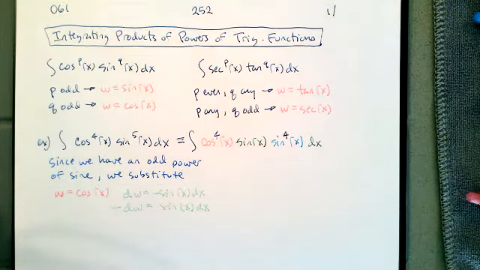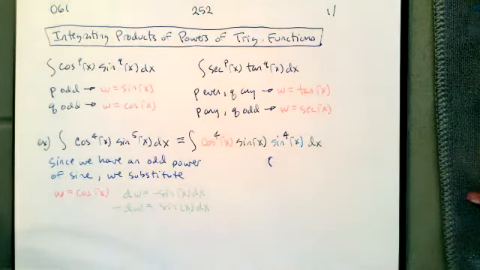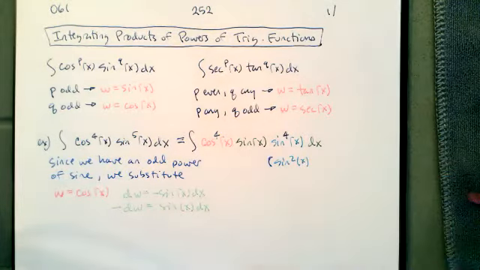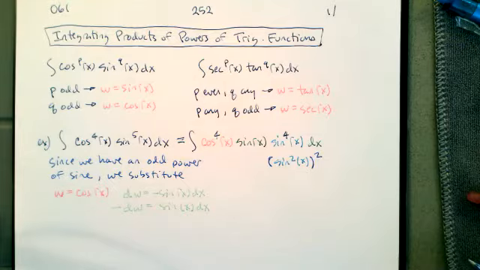In this case, sine to the fourth x, we're going to read that as sine squared x, squared. And we can replace the sine squared with 1 minus cosine squared.